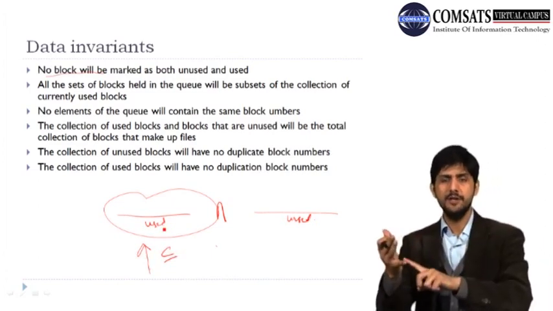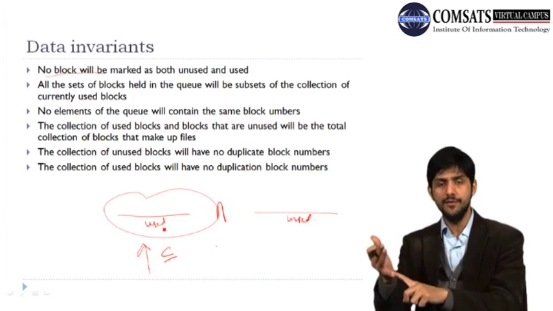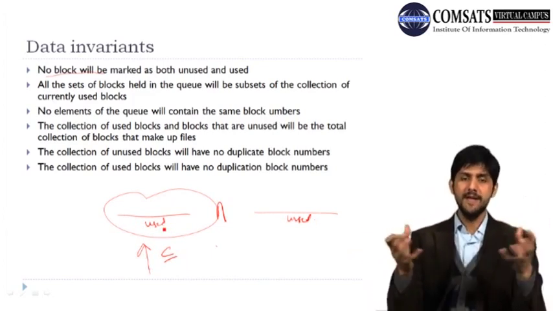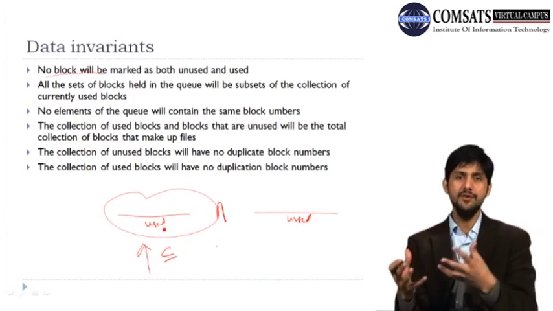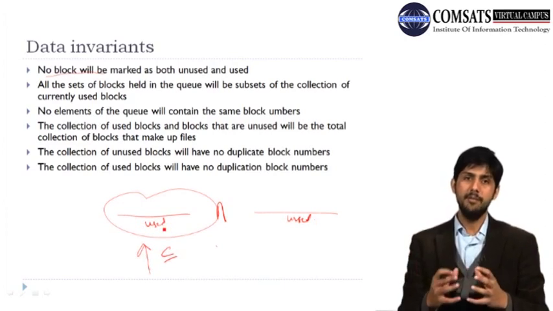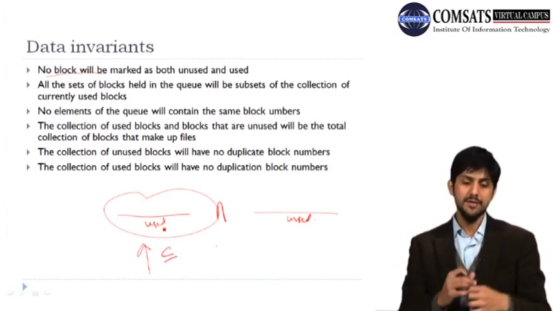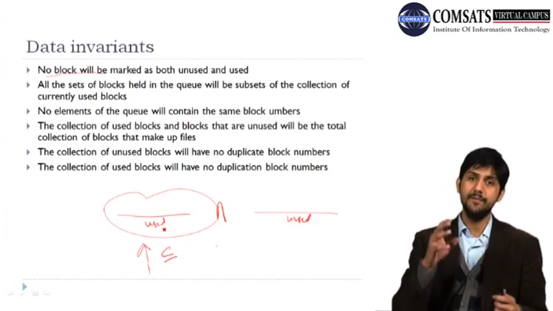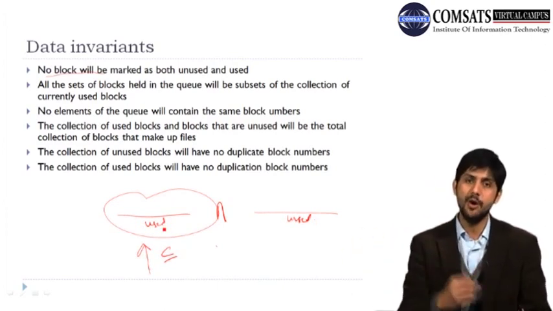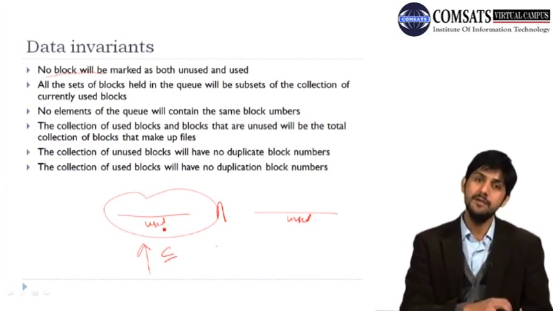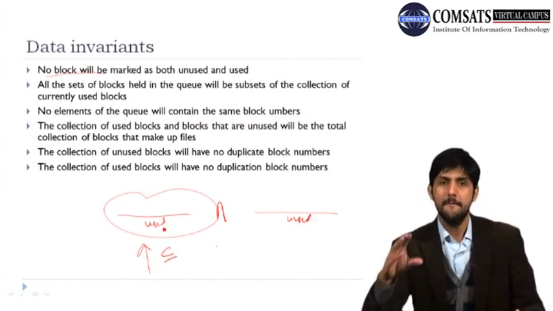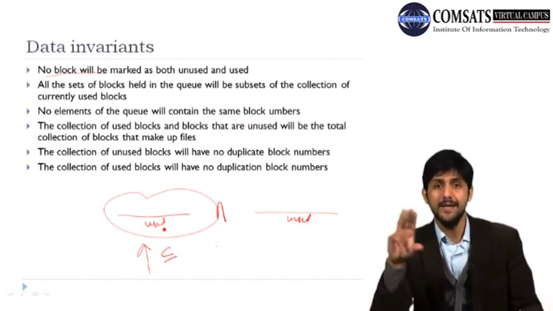So we do not have duplication in the queue, in the set of used blocks, or in the set of unused blocks. And the final one: the blocks in the queue which are waiting to be returned to the unused blocks should be a subset of which set? The set of used blocks. So these are the conditions which should stay true throughout the execution.